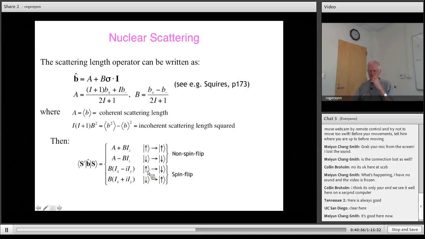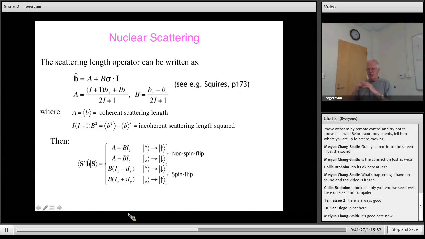What I've told you is that some part of the nuclear spin incoherent scattering is non-spin flip, and some part of the nuclear spin incoherent scattering is spin flip. The coherent scattering is always non-spin flip, because this is the A piece. Similarly, the isotopic incoherence, which comes in this piece here, is also non-spin flip.